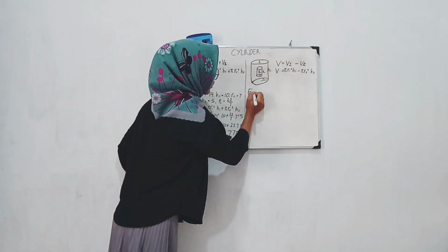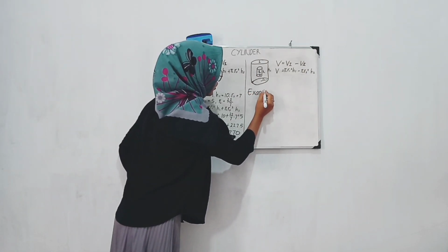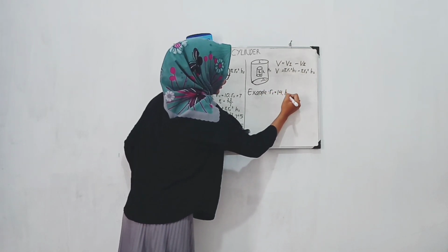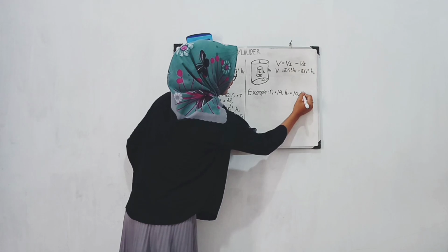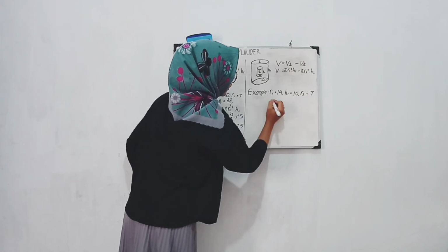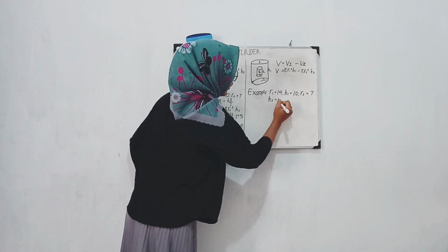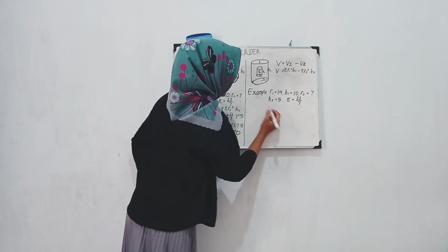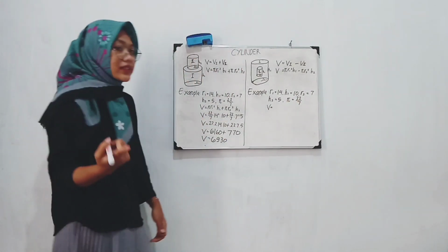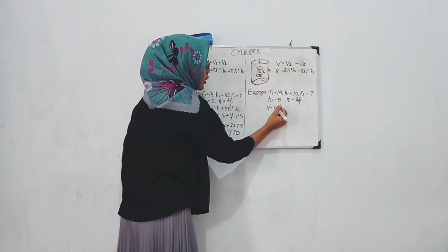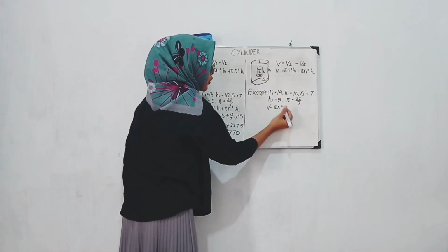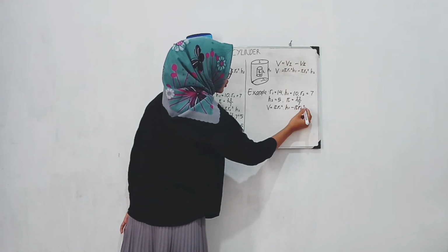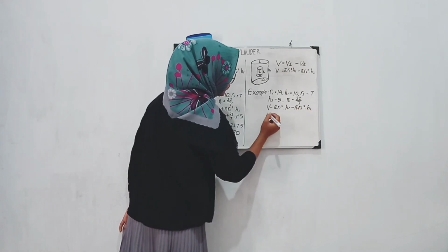Example: radius 1 equals 14, height 1 equals 10, radius 2 equals 7, height 2 equals 5, and π equals 22/7. Volume equals πr1 square times height 1 minus πr2 square times height 2.